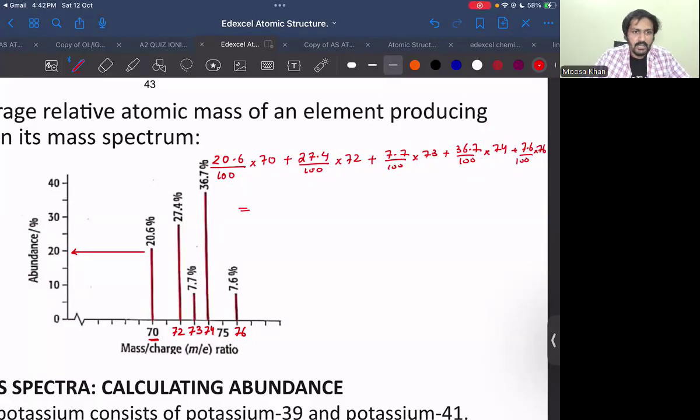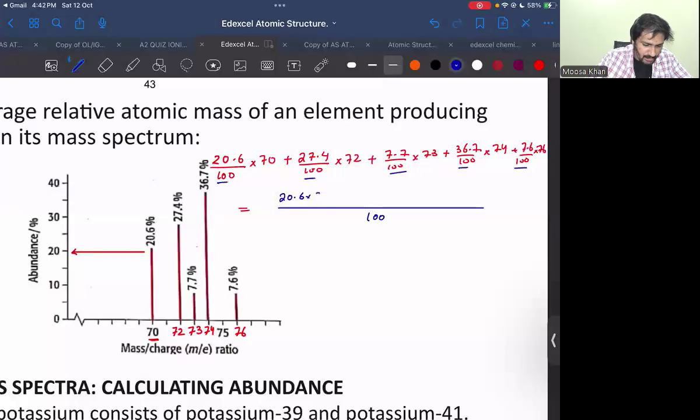Is it clear now? Or you could have just written it like this, because 100 is present in all the terms, so you could have just taken the LCM. I mean, just from the start, if you just multiply their percentages by their relative atomic masses, that would have been fine too. If you directly use the calculator, you can use the fraction key.